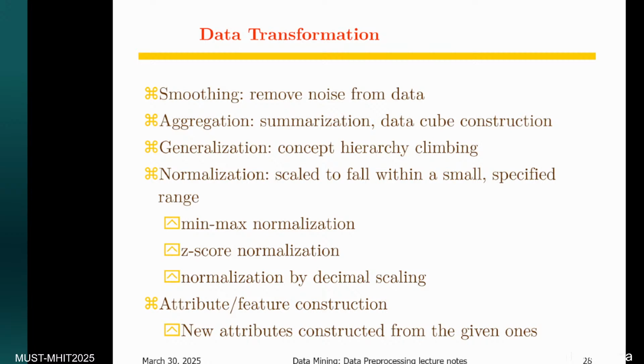We are going to see how normalization takes place. We can use min-max normalization, as we are going to see in the examples. We can use z-score normalization, where you calculate the z-score of any data set or attribute. Or we can simply normalize by decimal scaling. We are going to see the formulas that we use to achieve so.